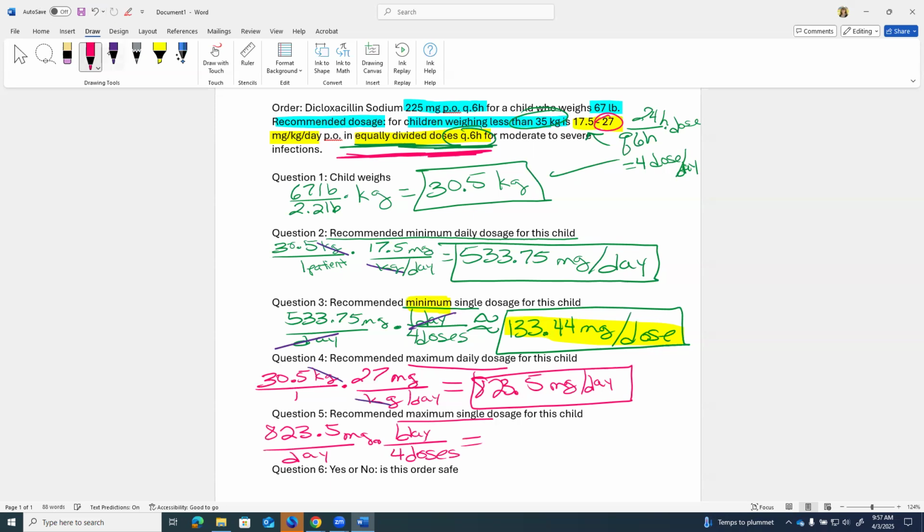I'm going to mark out my days because they reduce. I didn't mean to mark the 1 out. That 1 times 823.5 is just 823.5. So 823.5 divided by 4, and I'm going to round to the nearest hundredths. This means this.